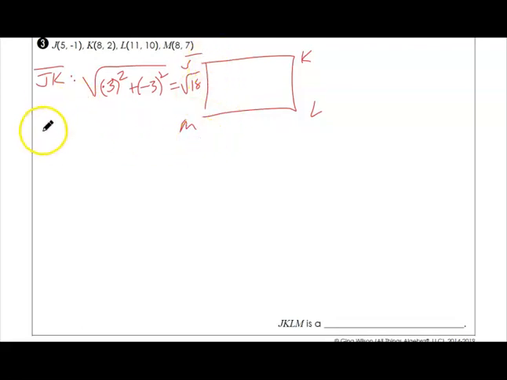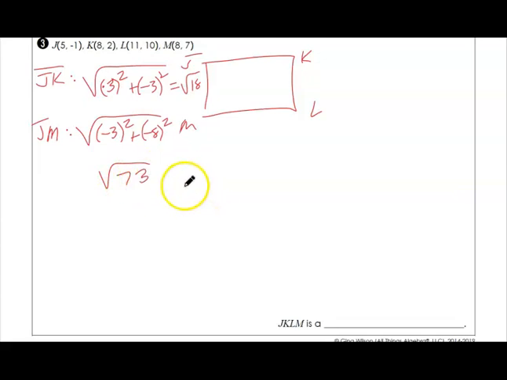And so let's jump to JM to see if we have congruency with all 4 sides. So 5 minus 8 is -3 squared. -1 minus 7 is -8 squared. So that's going to be 9 plus 64, which is the square root of 73. So we know that these sides are not the same.